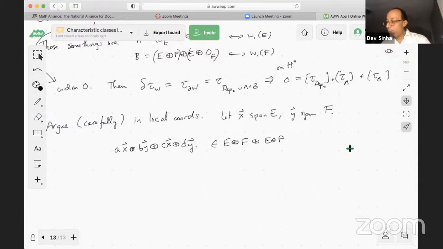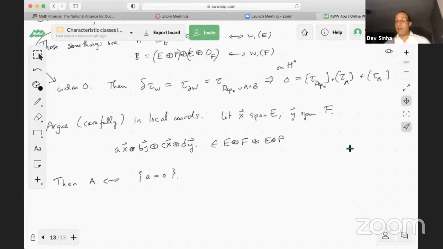So in these coordinates, our submanifold A, which represents the first Stiefel-Whitney class of E, is going to be described by the subspace where A equals 0. That's a description in coordinates, but it's actually independent of choice of coordinates.